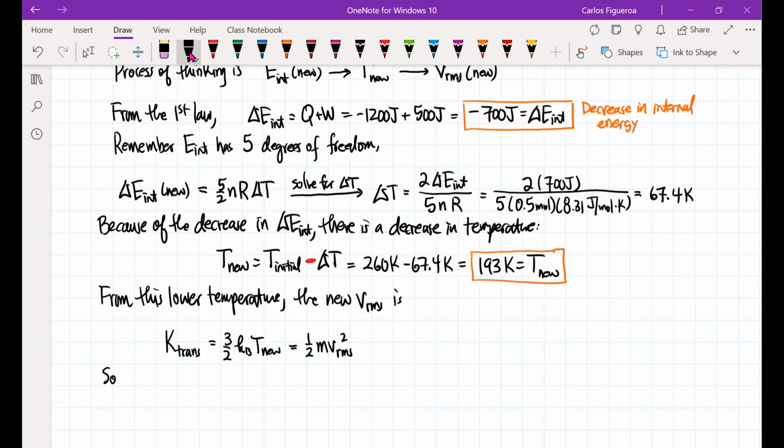So solving for V RMS new, no surprise, it's going to equal the square root of 3 kBT new divided by the mass of H2.